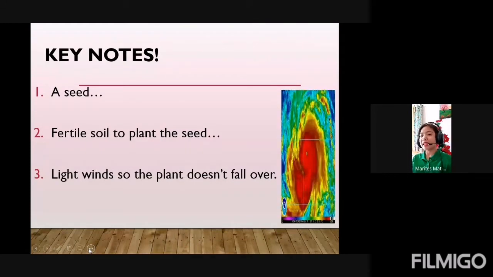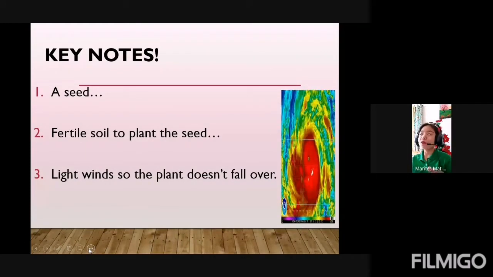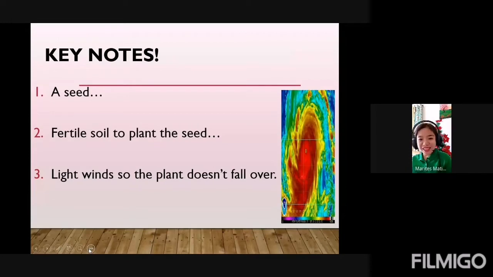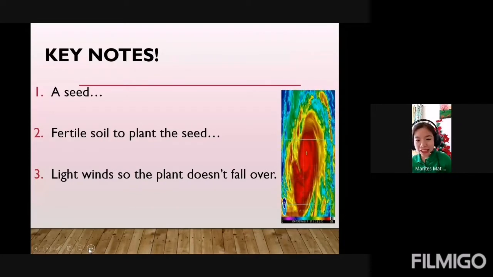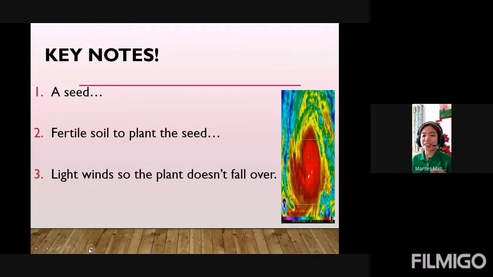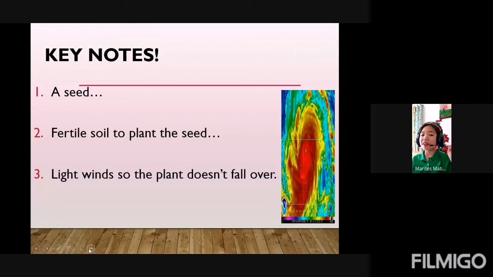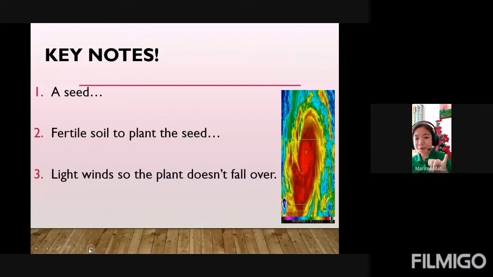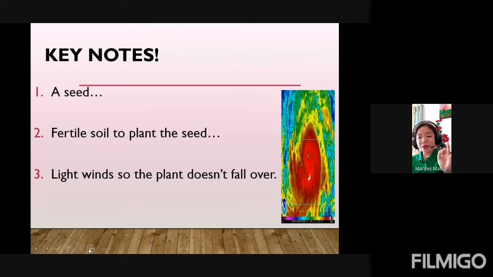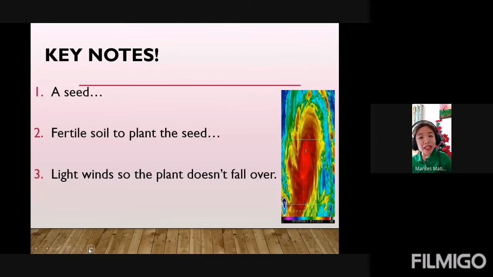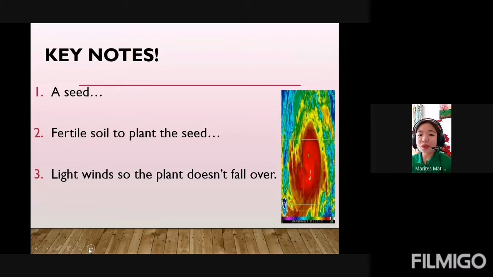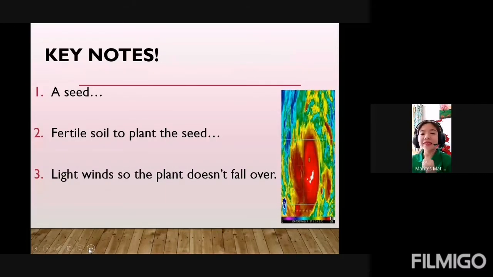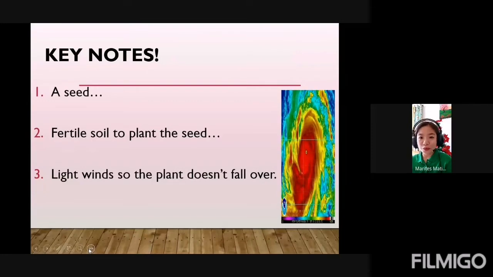Okay. So, our keynotes for this, tandaan natin, we have 3. So if we will relate typhoon into a plant, so we must have first a seed. Second, we must have a fertile soil to plant the seed. And third, we must have a light wind so the plant doesn't fall over.